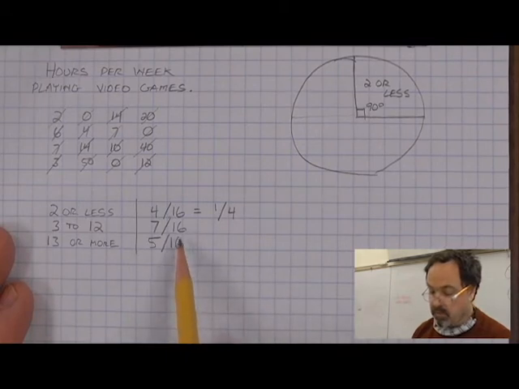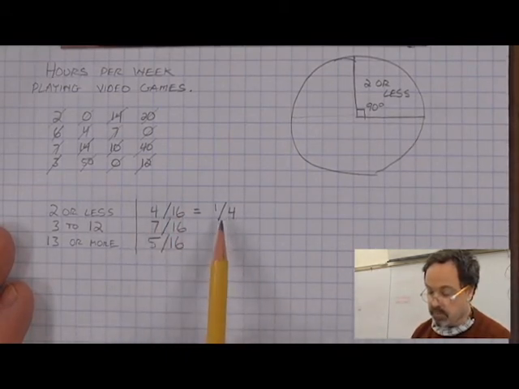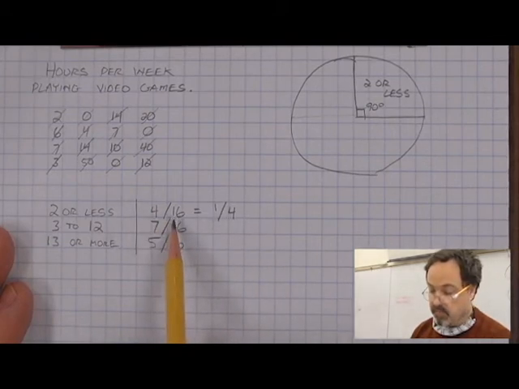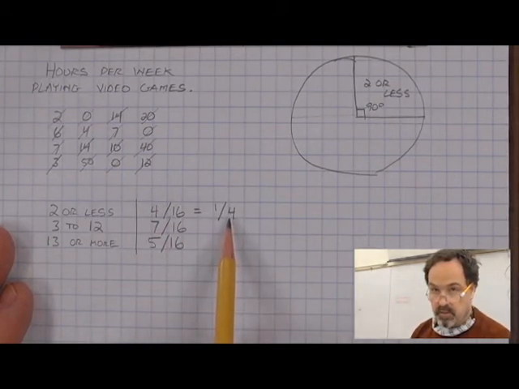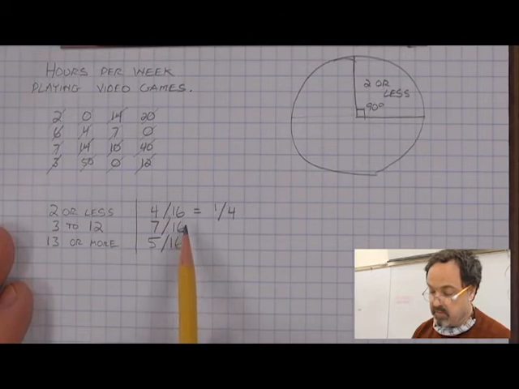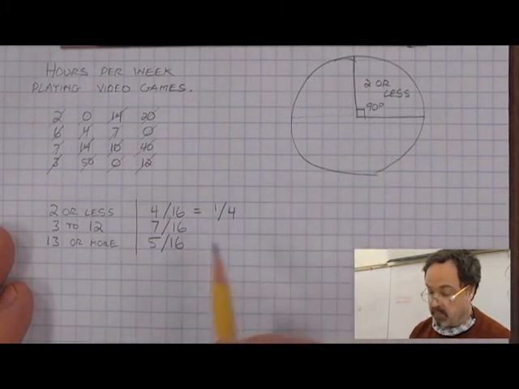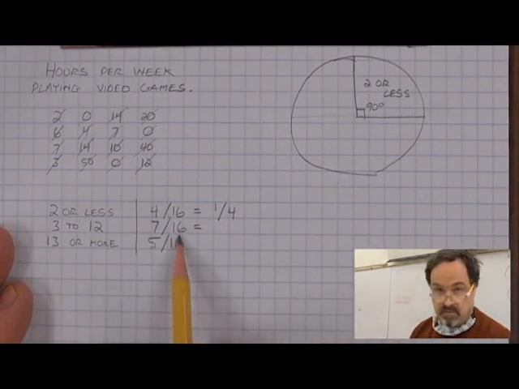Well, how big are these other 2 categories? They're not as easy or as simple to reduce as the fraction 4/16 to 1/4. And if I'm going to make these sizes somewhat accurate, then I'm going to choose to think of them in degrees. I'm going to change 7/16 into degrees.